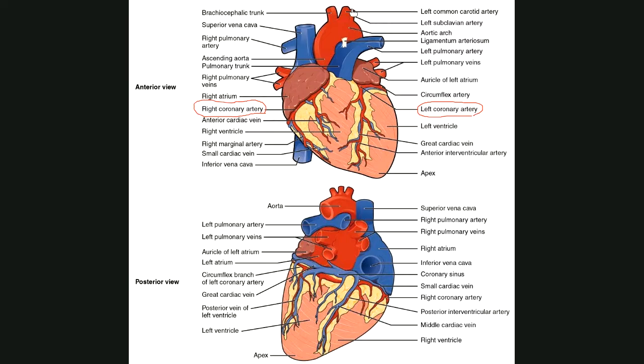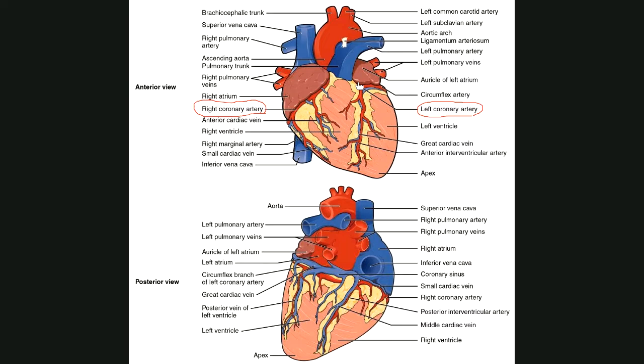The right one goes to the right side of the heart, and the left one goes to the left side of our heart. I told you that on the surface of our heart we have some depressions, some sulci or grooves, and these depressions are the location of the coronary blood vessels.